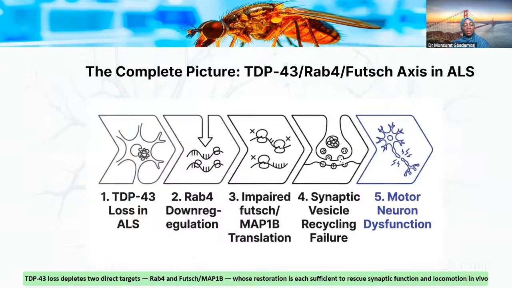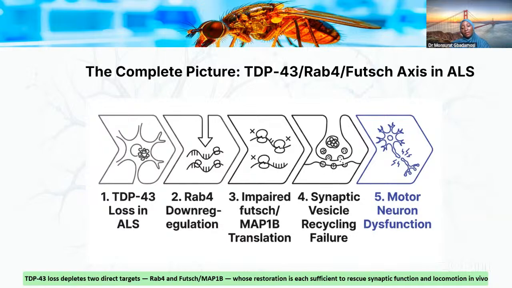So we hypothesize, for the first time, that there is a connection between RAB4 and Futsch in TDP43 ALS, because when TDP43 is lost, the RAB4 mRNA is downregulated. There is downregulation of RAB4, and this affects the recycling vesicles, which impairs Futsch, making it difficult for Futsch to be present at the synaptic boutons where it needs to be translated and bind to the microtubules to stabilize the junction.